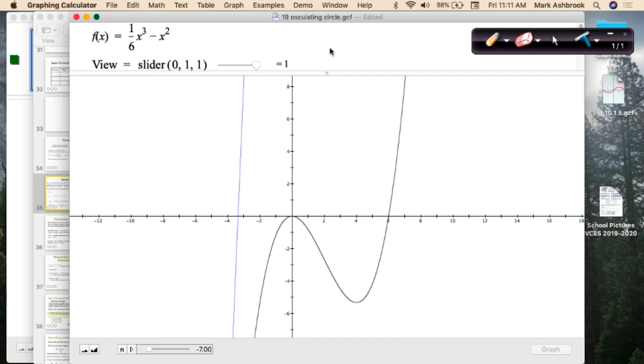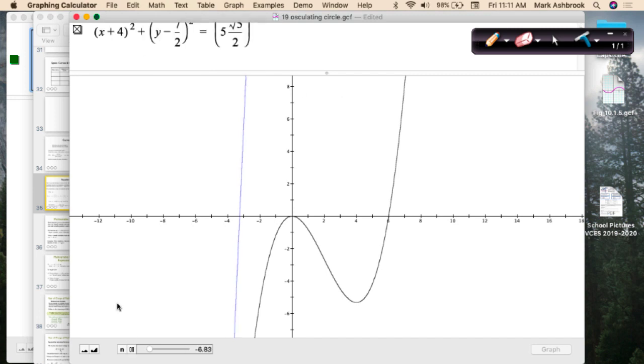And so that's called the osculating circle. At any given moment of the curve, there's a circle that has the same curvature at that moment as the curve. This is called the osculating circle.